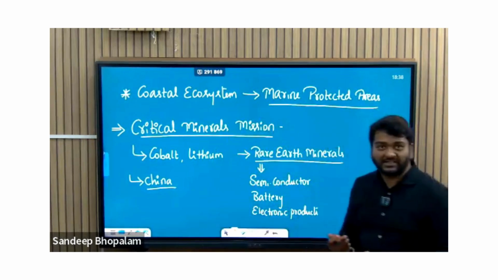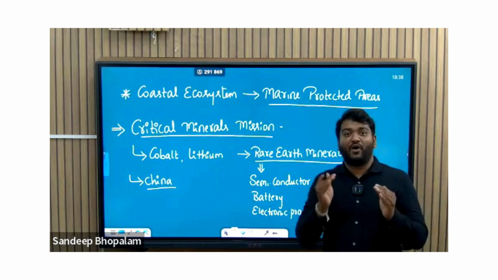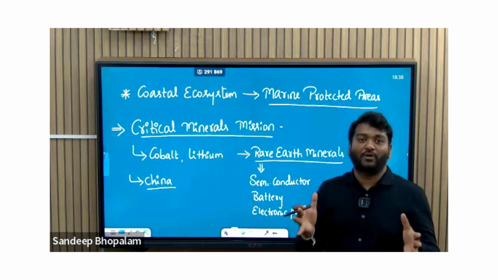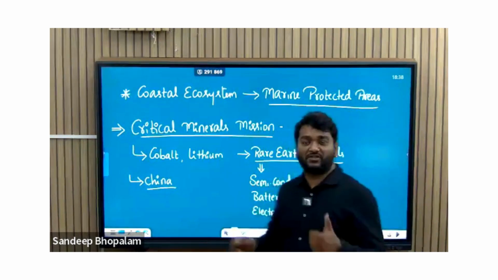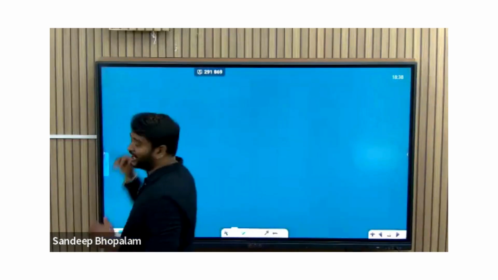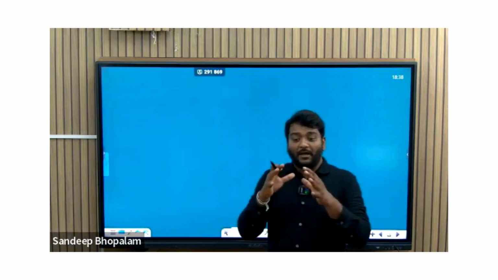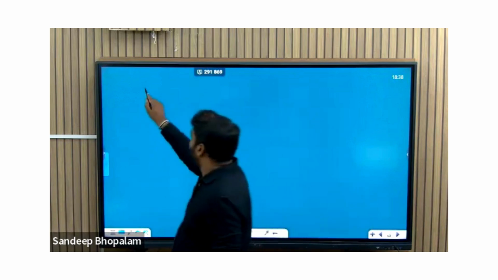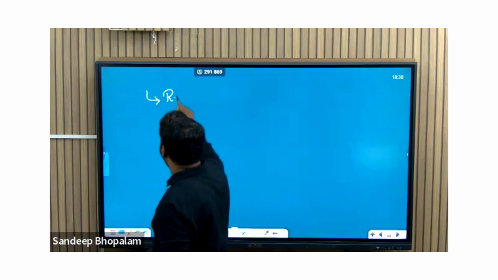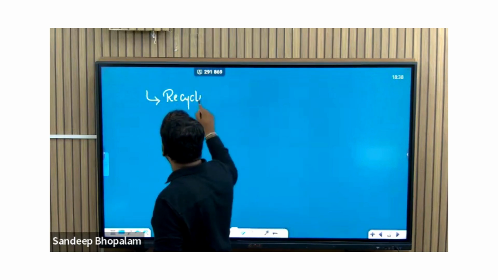Now, India has realized it's high time we also have our own rare earth minerals. So under the critical minerals mission, India is planning this. How? Products already contain rare earths, so recycle them.